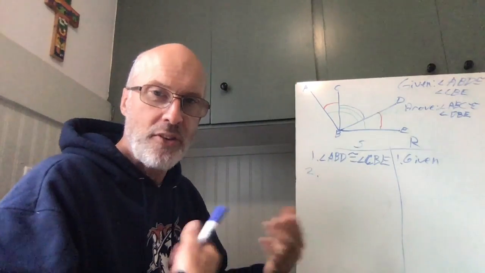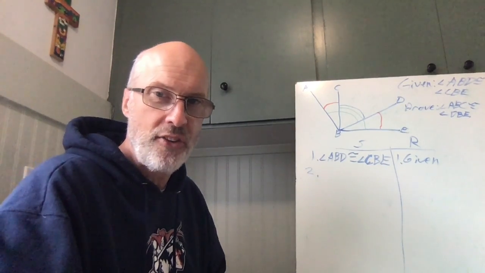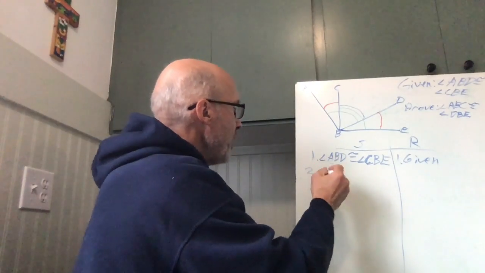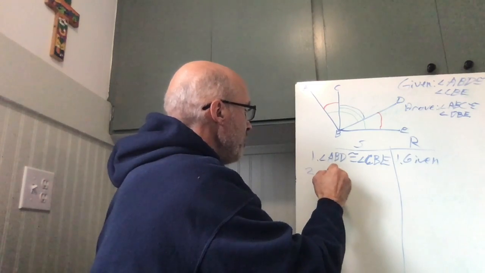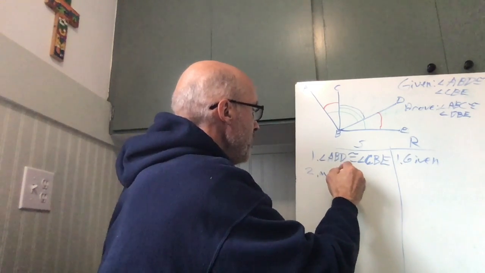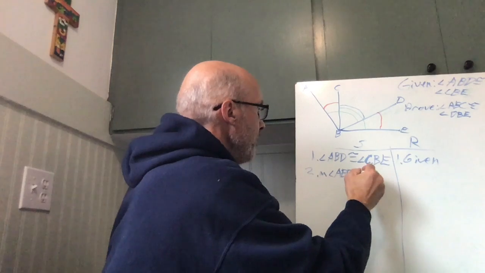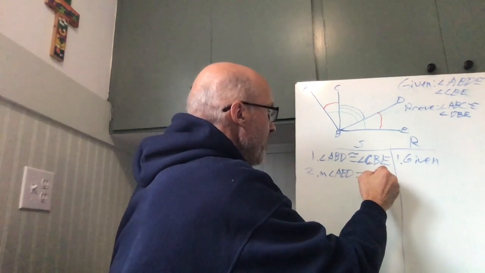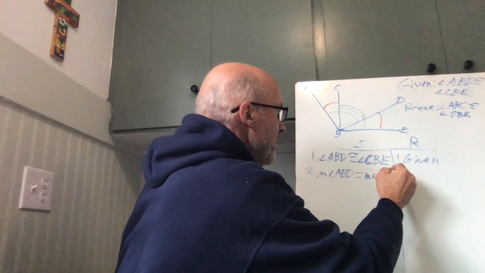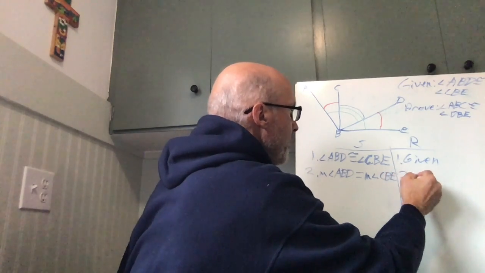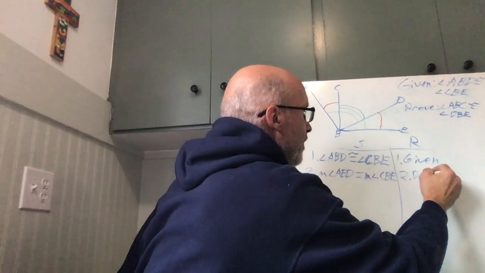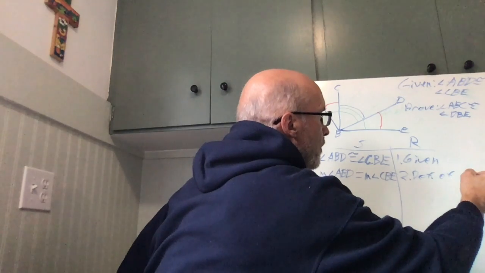If you're adding and subtracting things, that's an equation kind of system. So the first thing I have to do is change this to measure of angle ABD equals the measure of angle CBE. And that is the definition of congruency.